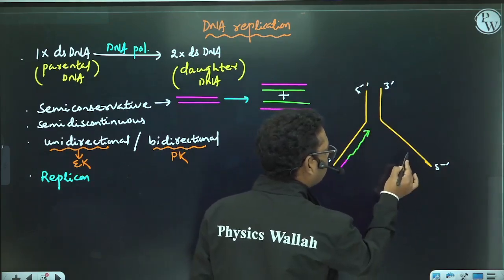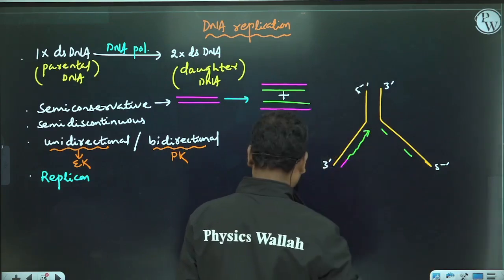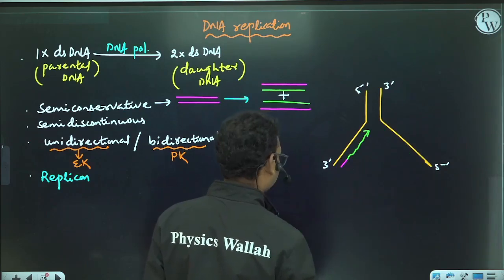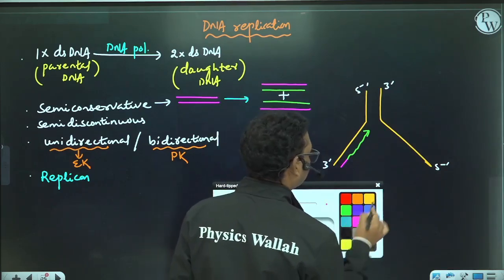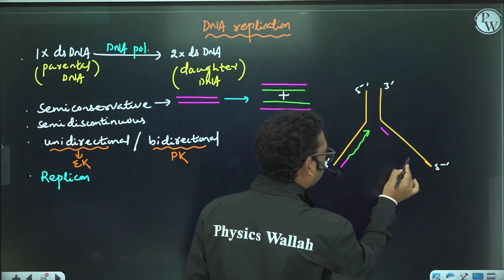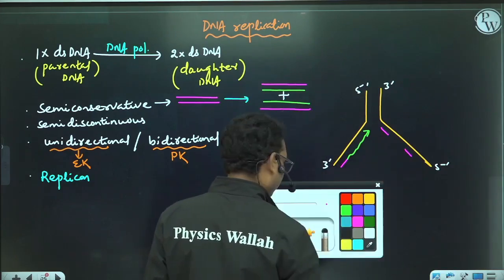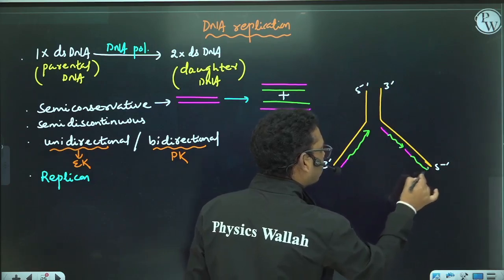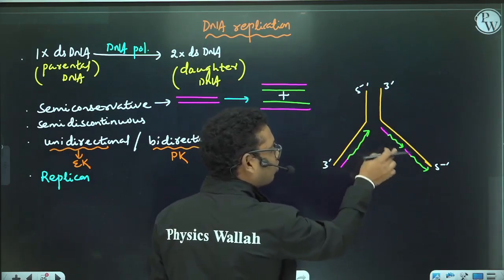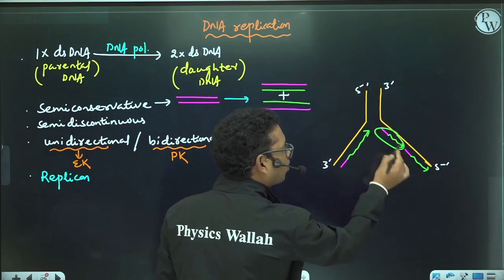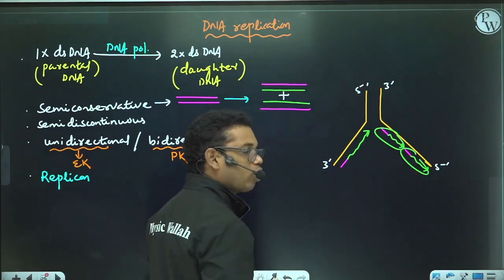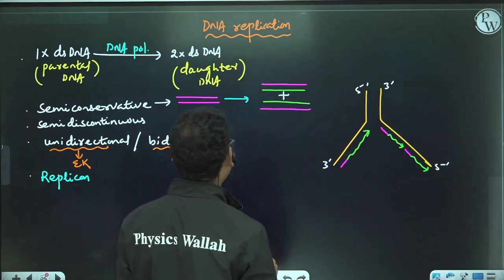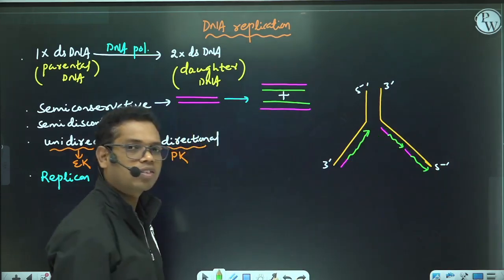Suppose these are primers, and here suppose these are the DNA molecules synthesized. So you can see the DNA is synthesized in fragments, that means discontinuously. Here it is synthesized continuously, and that is why I will say that the replication is semi-discontinuous.